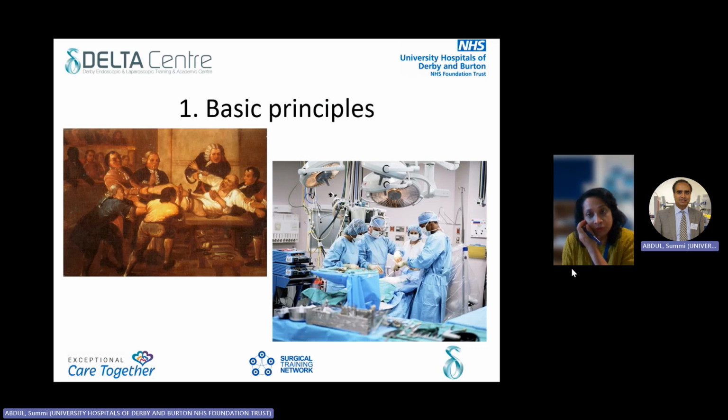So when we look at this picture, we see that surgery itself hasn't changed fundamentally in its principles through the ages. You have a theatre team, you have a place to do the surgery, and you have assistants.